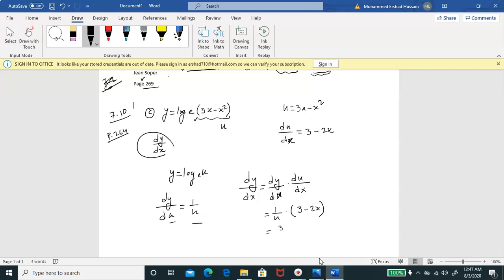So it will be 3 minus 2x over 3x minus x squared. This should be the answer for dy over dx.